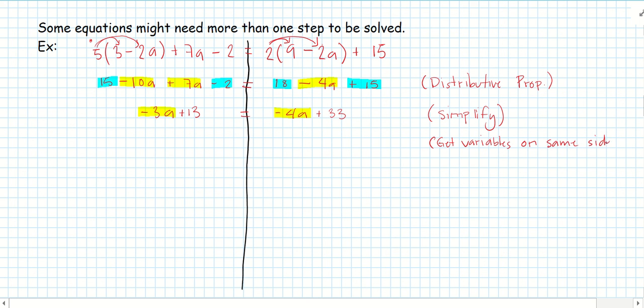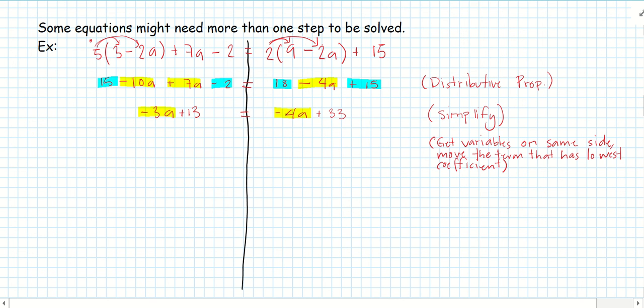And to do that, I'm going to move the variable that has the lowest coefficient. Remember, the coefficient is the number in front of the variable.